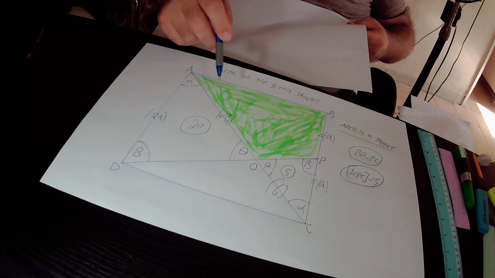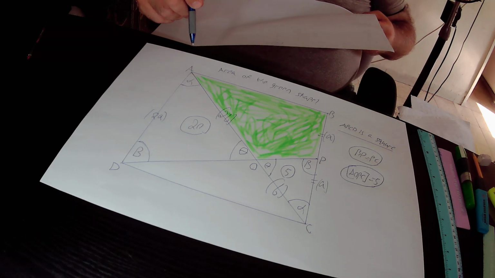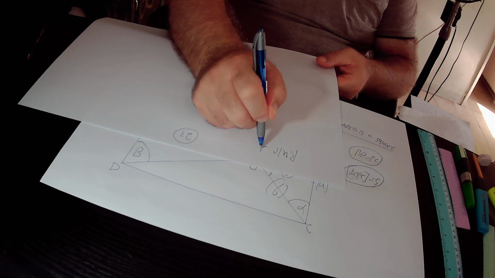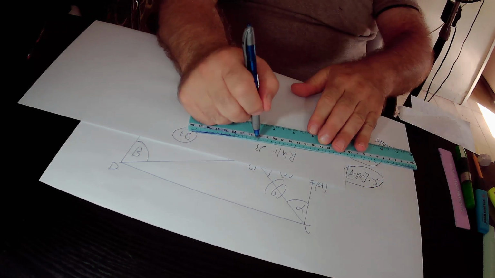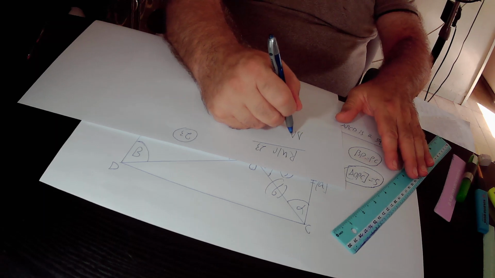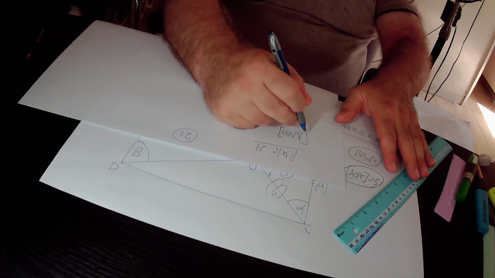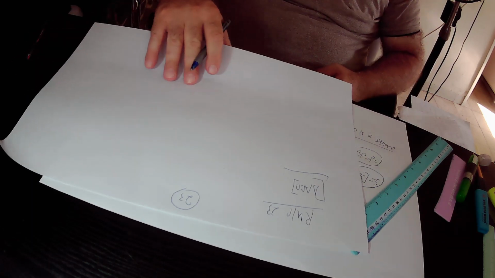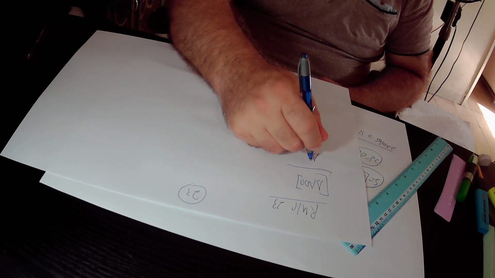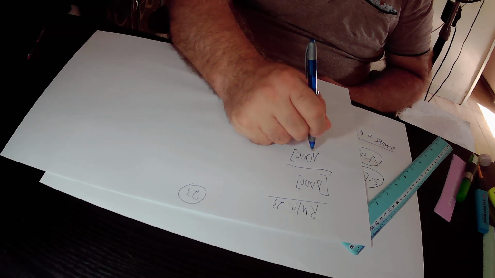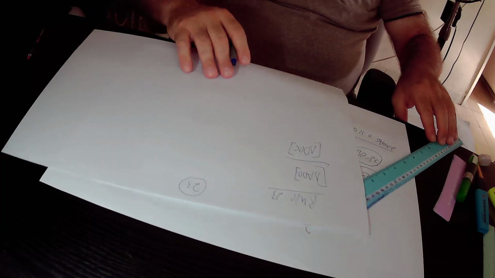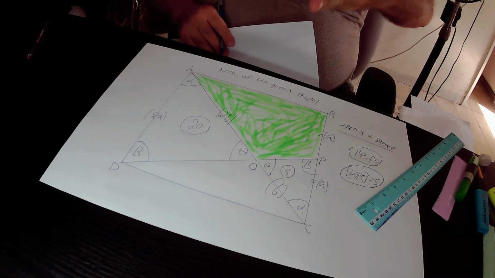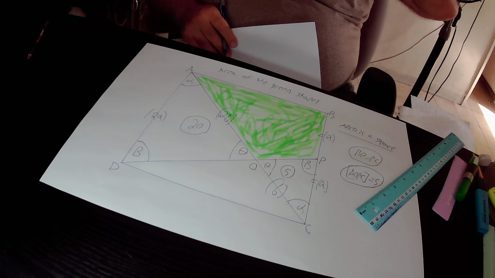So the ratio between the areas of those two smaller triangles, the area of triangle ADO over the area of triangle DOC, is equal to the ratio between their corresponding bases.